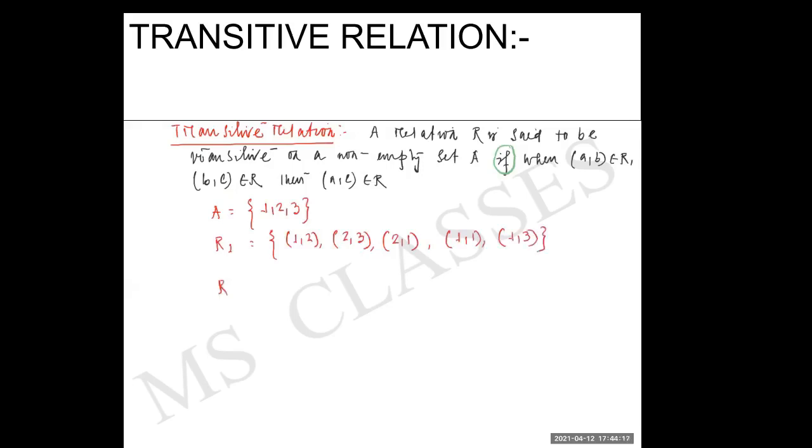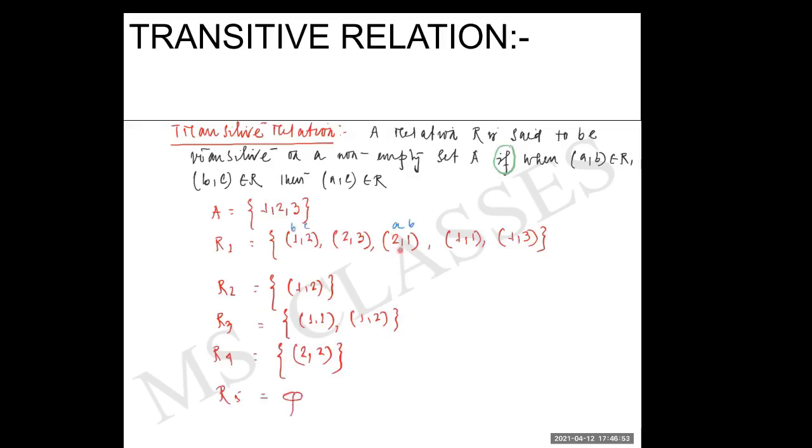Next you take R2: (1, 2). R3: (1, 1), (1, 2). R4: (2, 2). R5: empty set.